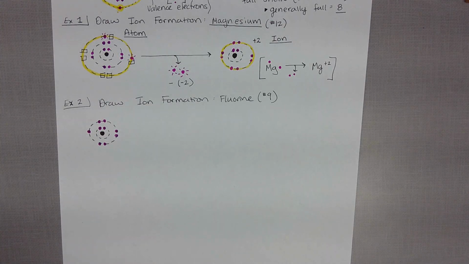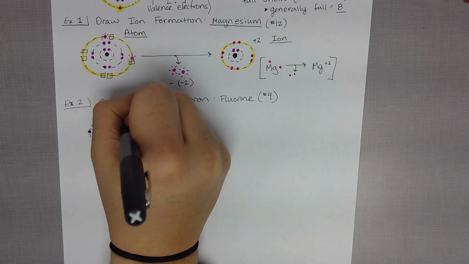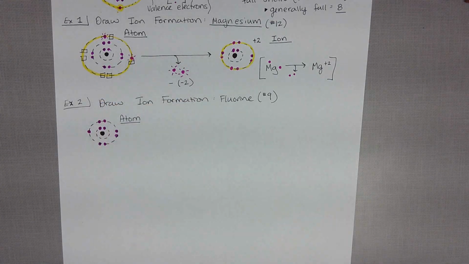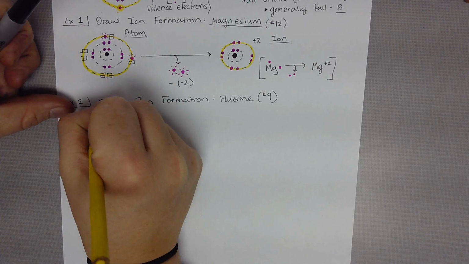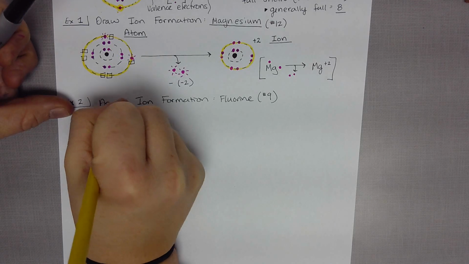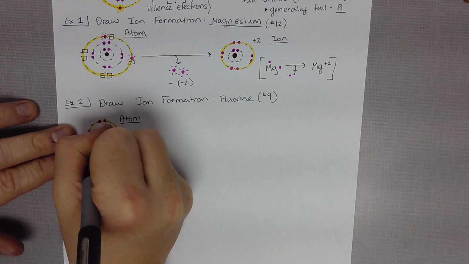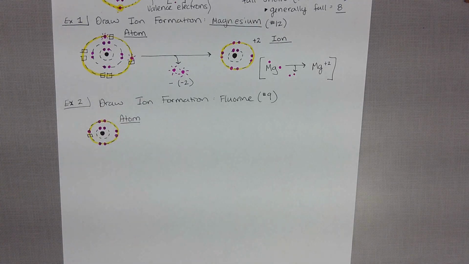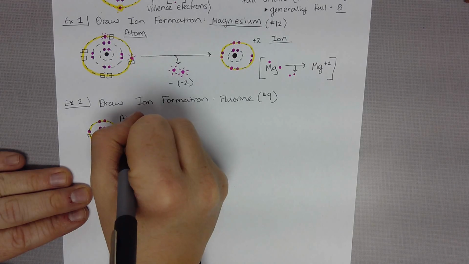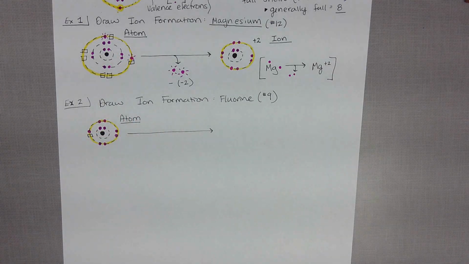And now you can see the fluorine atom, it's almost full. Its valence shell is shell 2. There's 7 electrons in that shell. It only needs 1 more. So when fluorine becomes an ion, it's not going to dump electrons because it doesn't need to empty a shell.